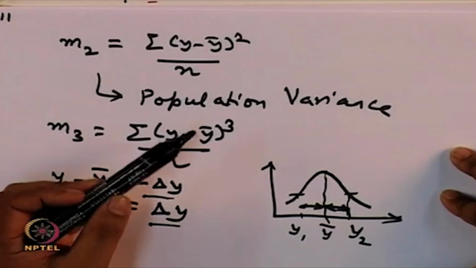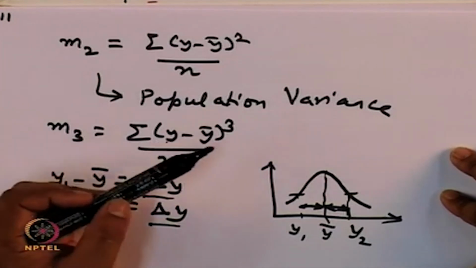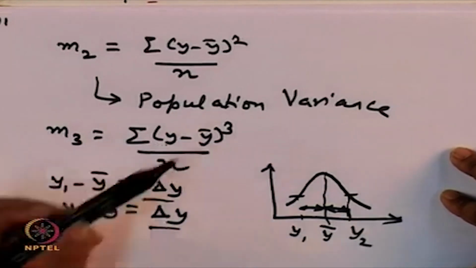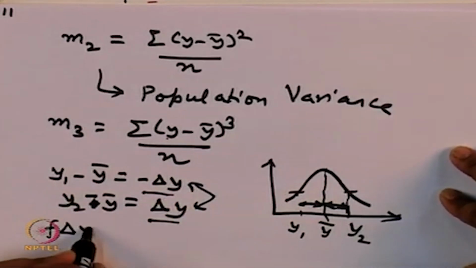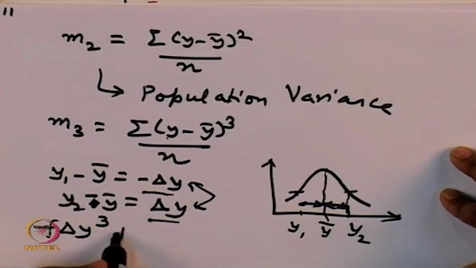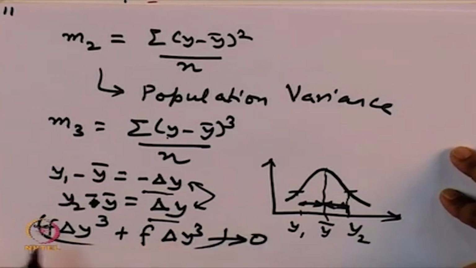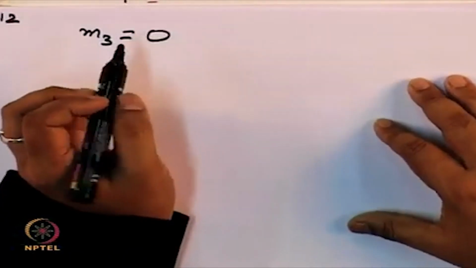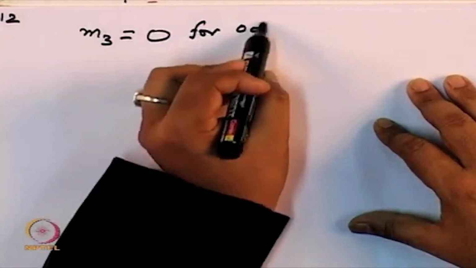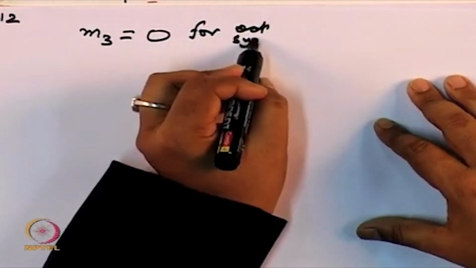A negative number cubed is negative, and a positive number cubed is positive. So if you add these two terms, f times minus delta y cubed plus f times delta y cubed, they equate to 0. This means m3 will return a value of 0 for symmetric distributions.